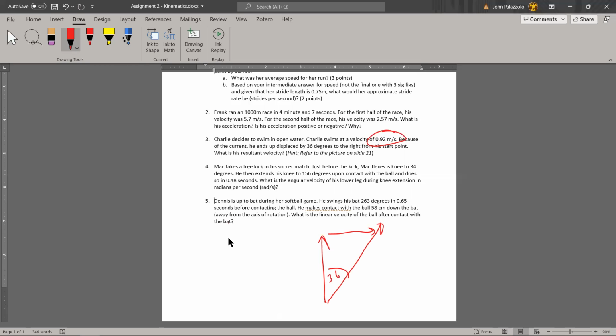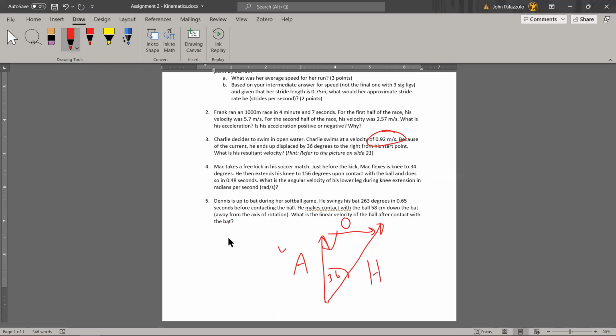So right here, we have a right triangle. We know this one. We'll say that this is the adjacent side. This is the opposite side. And this is the hypotenuse.